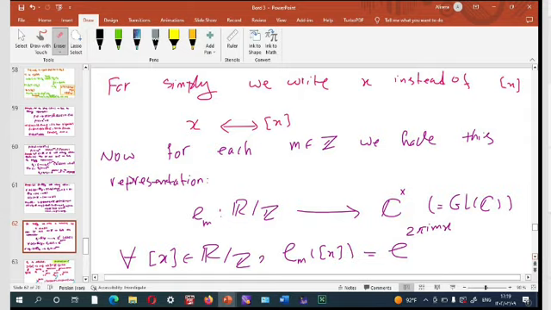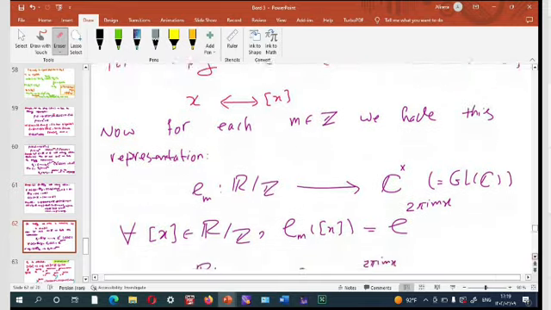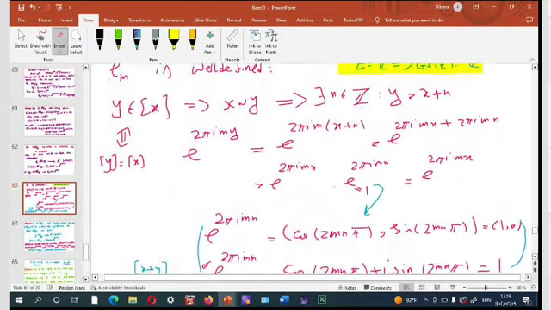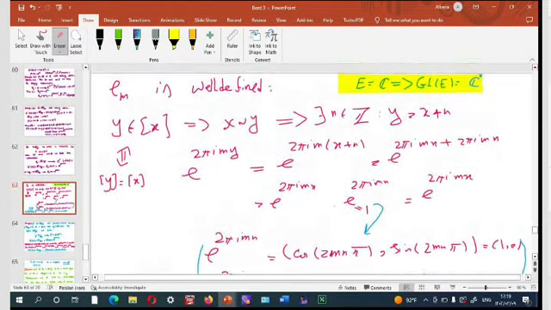Please note that this is a non-zero complex number, so this function is well defined.